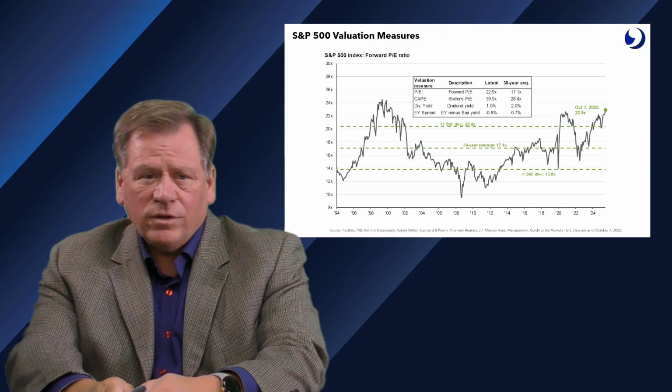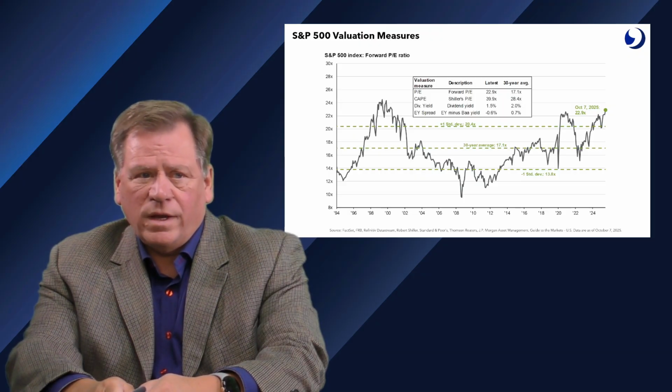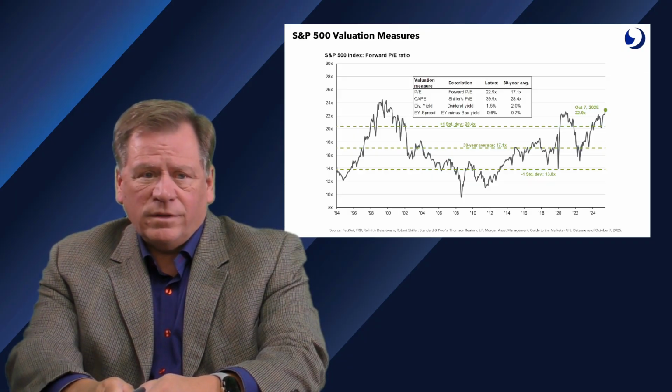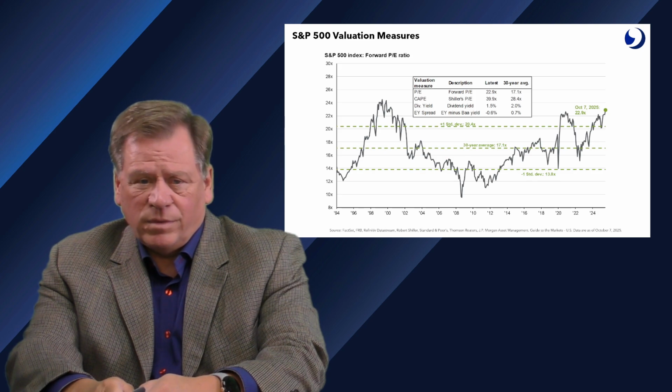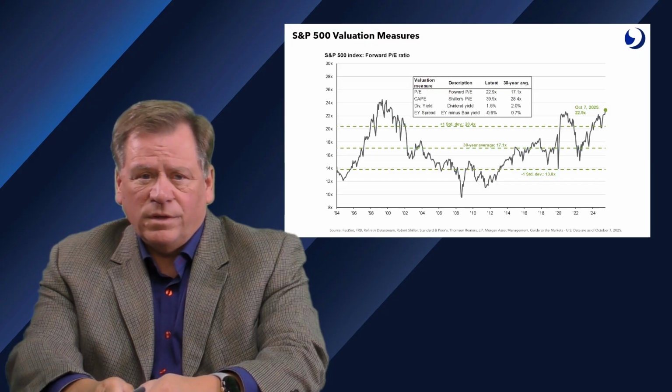We're now very close to what it was during the dot-com bubble, where we were paying 24 times forward earnings for companies. That's a risky price. If we just came back to 20 times, which by the chart is still on the high side, going from 23 times to 20 times earnings is a 15% decline in the market.